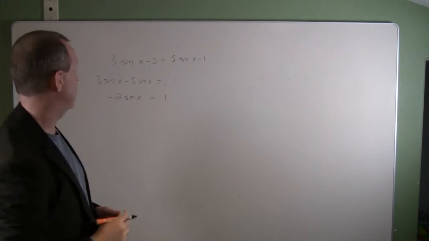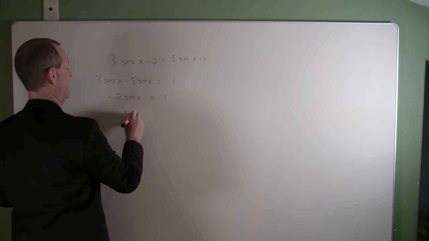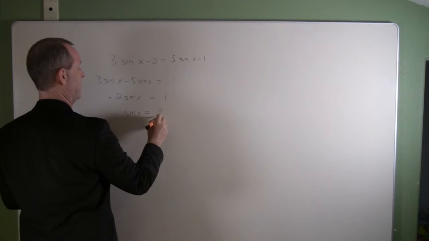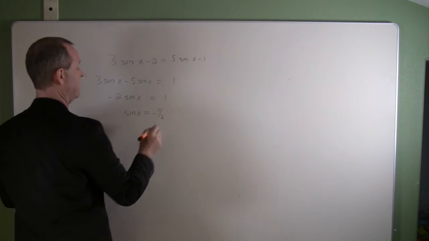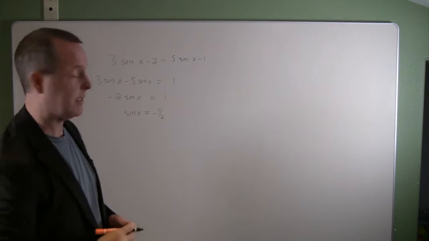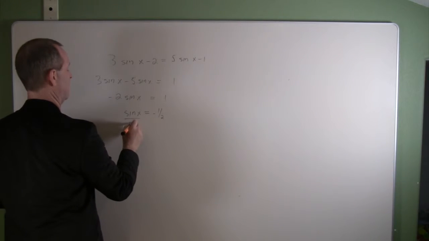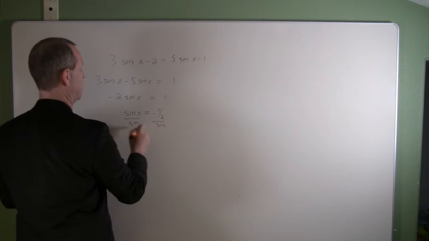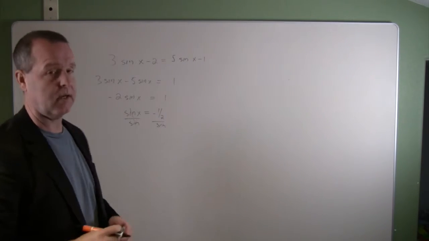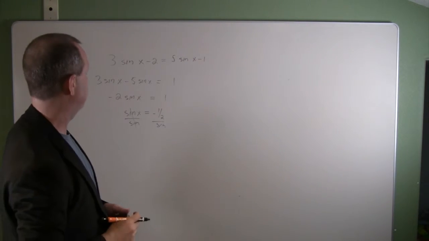Divide both sides by negative 2. Sine of x equals negative 1 over 2. Divide both sides by a sine. Sines cancel out, so I have x equals negative 1/2 over sine.